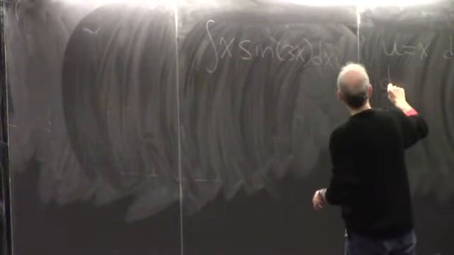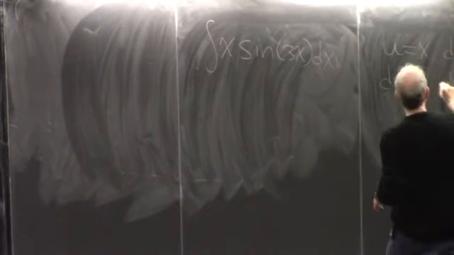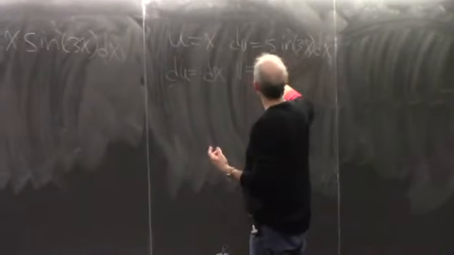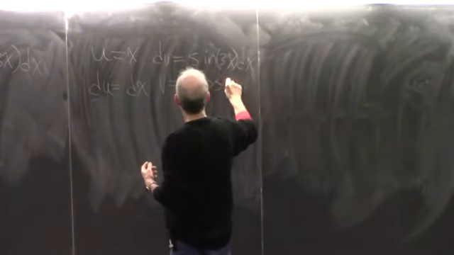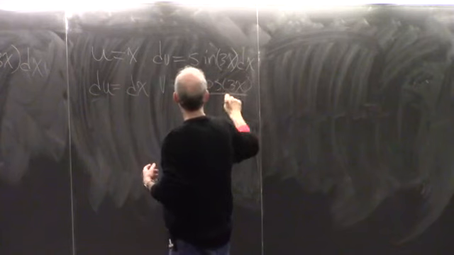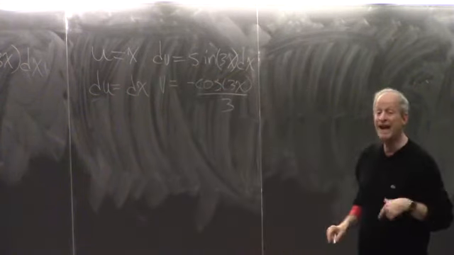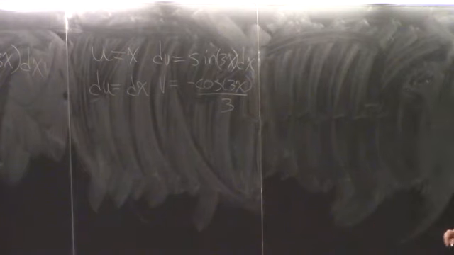Then you differentiate this one, integrate that one. The derivative of x is 1 dx. The antiderivative of sine of 3x is minus cosine of 3x over 3. I just taught you that, because you're anti-differentiating, you're integrating.